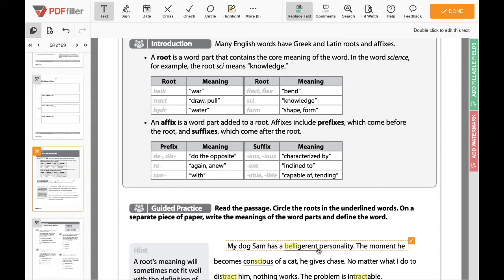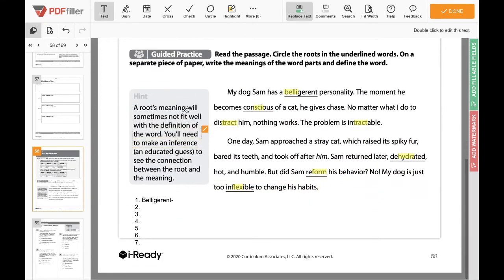It kind of blends in to the E-N-T. So inclined to. So inclined to war. Well, is that the exact definition according to our hint? Does that have to be the exact definition of the word belligerent? Inclined to war. No. But if he has a belligerent personality and he's chasing cats and all these kind of things, what does that mean?